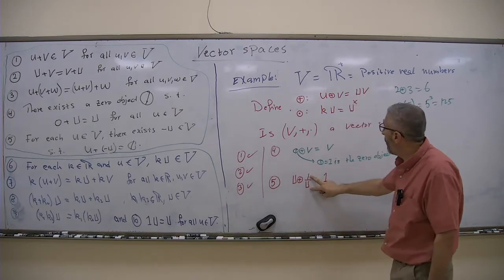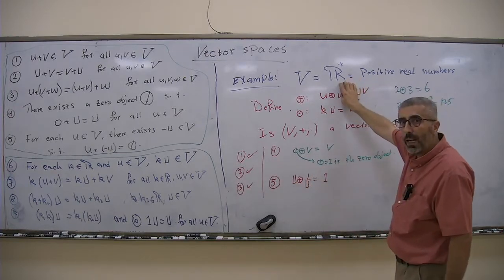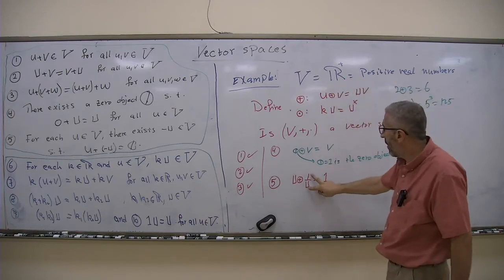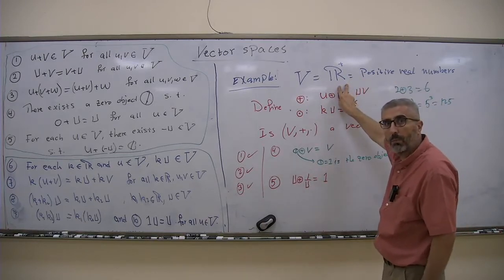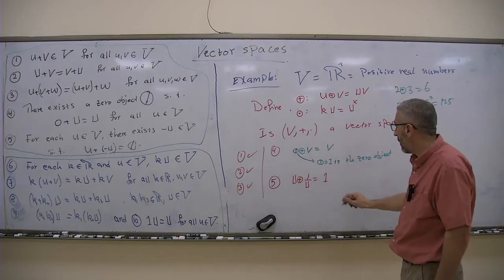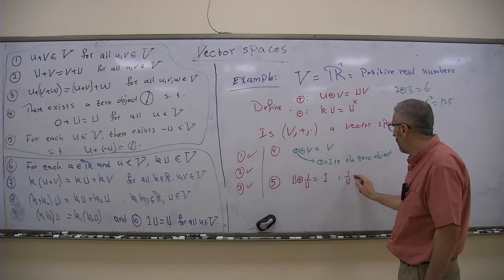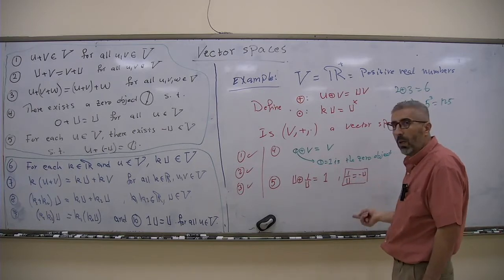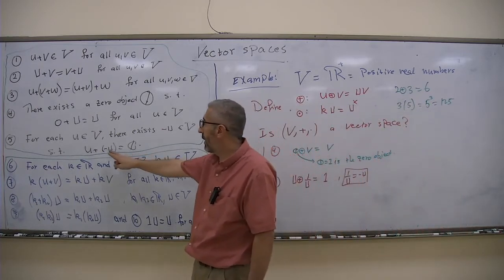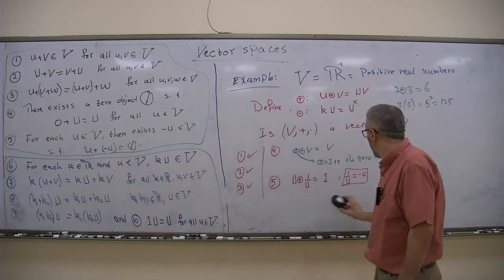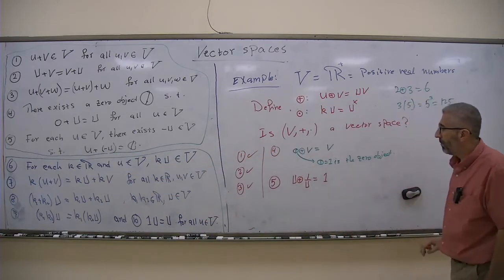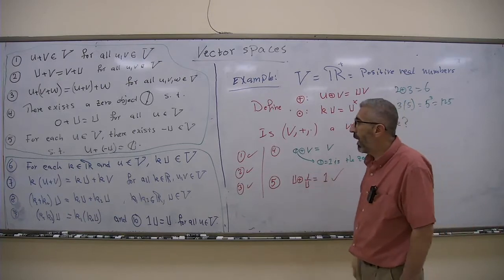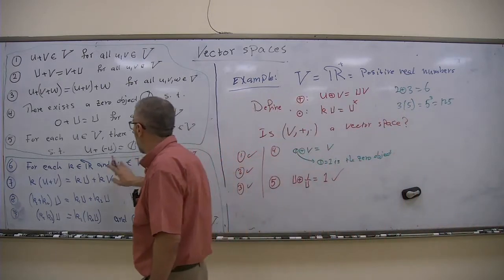Is the reciprocal here? Yes, if you take a positive number, then the reciprocal is also a positive number. So 1 over u will do the job of negative u. So number 5 is satisfied.